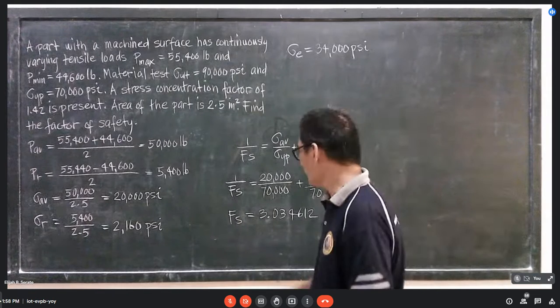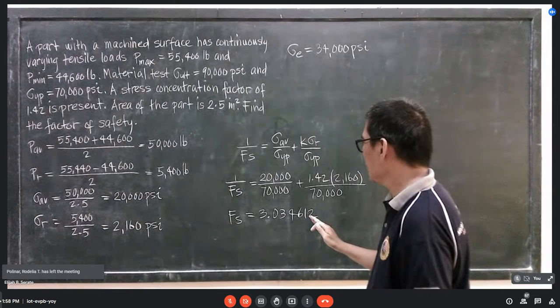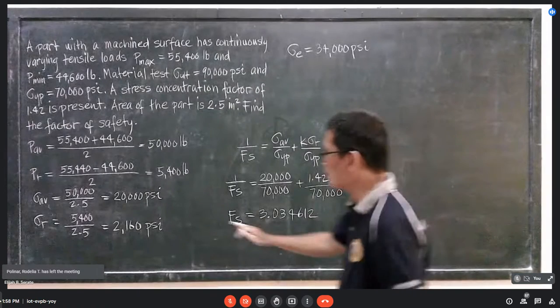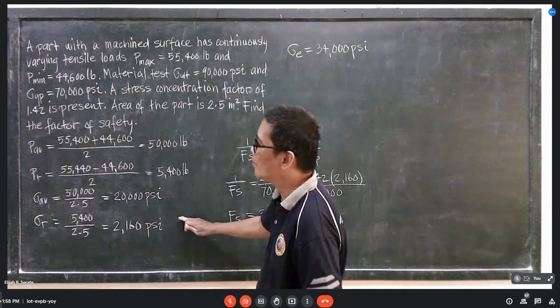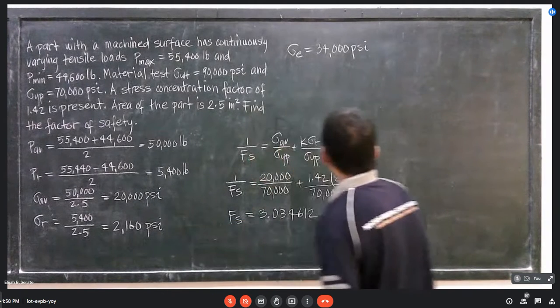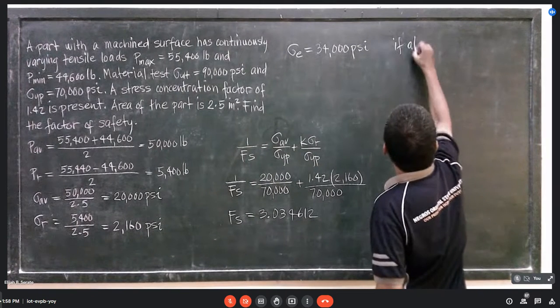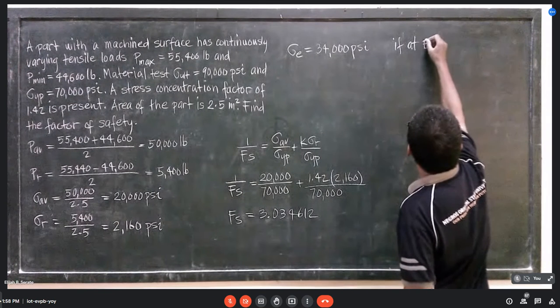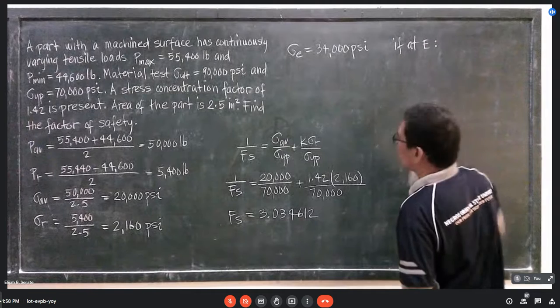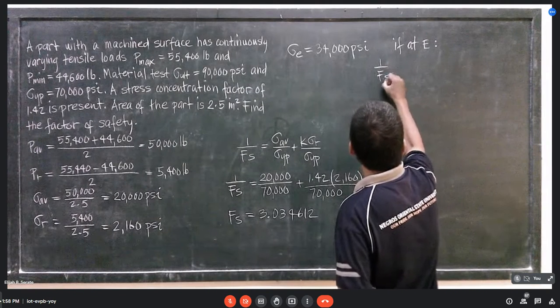So, let us presume that for this problem, you're not sure whether it is at H or at E. So, if it is at E, what happens? 1 over the factor of safety is equal to what?